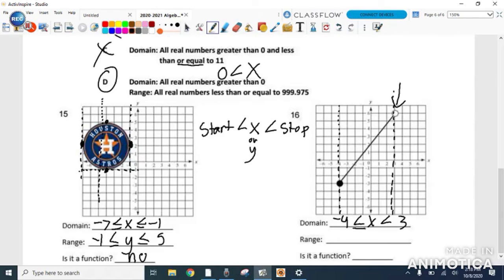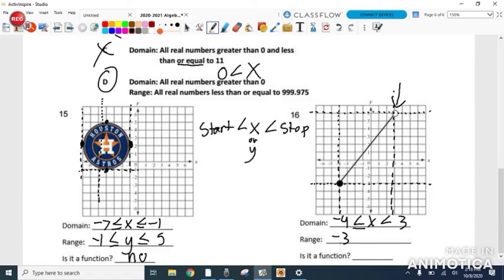Now let's apply our range. All right, there's my starting point. And there's my stopping point. So my starting point was here at -3, and then it went all the way up to +6.